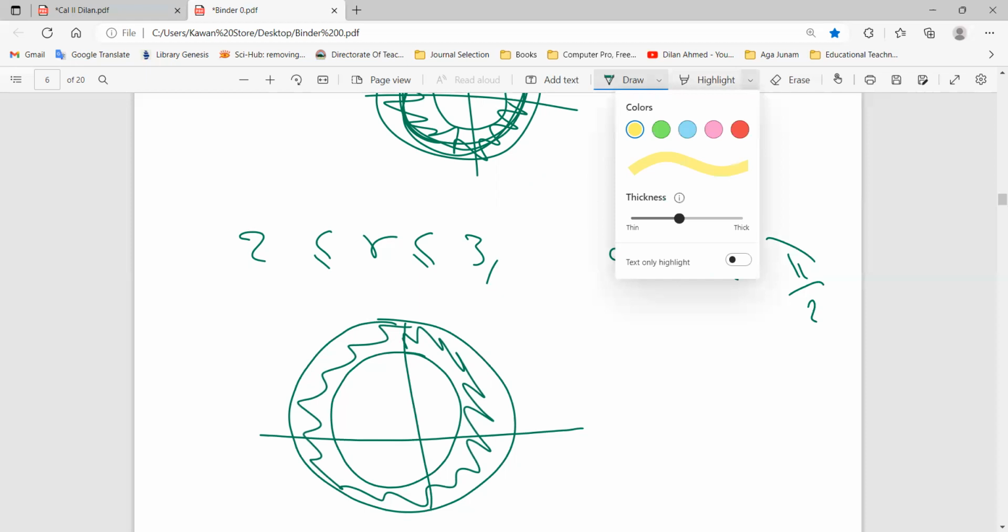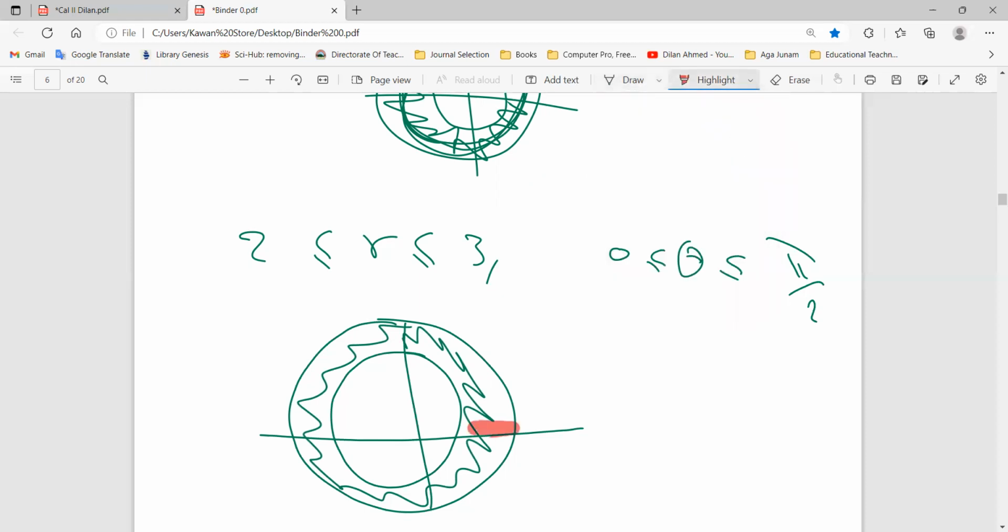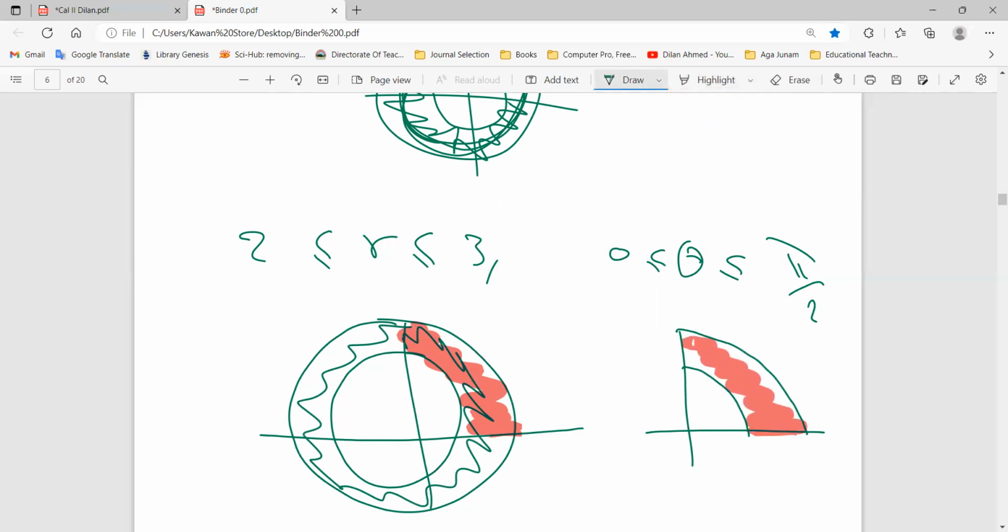And the angle is selected, so I have just from 0 to that one. If I want to make it nicely, I have something like that. Am I right? That one is 2, that one is 3.